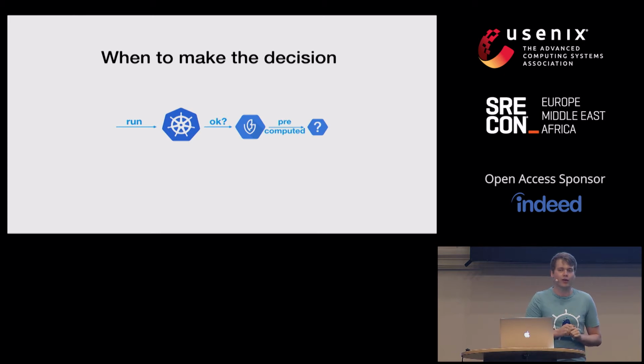So what we could do is pre-compute something and then only enforce its existence. So what we could do here is pre-compute, for example, whether it's vulnerable or it runs as root, and create a signature on the image, something like this.